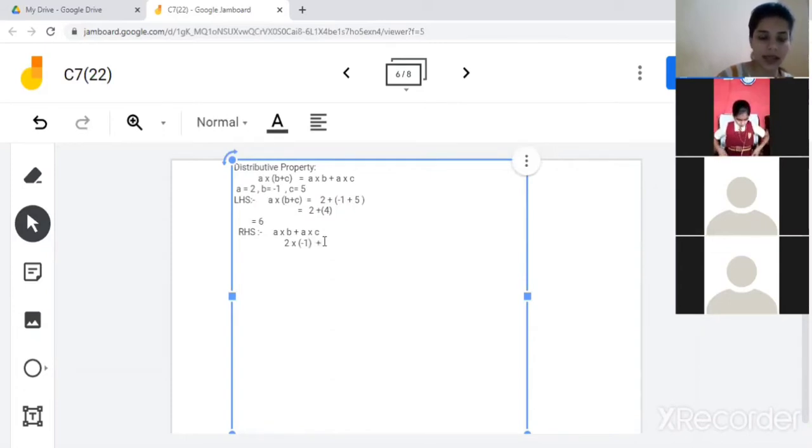Plus a is 2, multiplied by c, which is 5. So 2 multiplied by -1 plus 2 multiplied by 5.